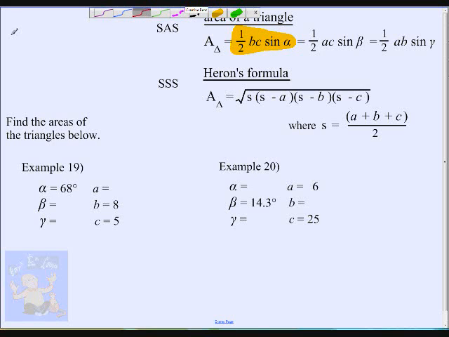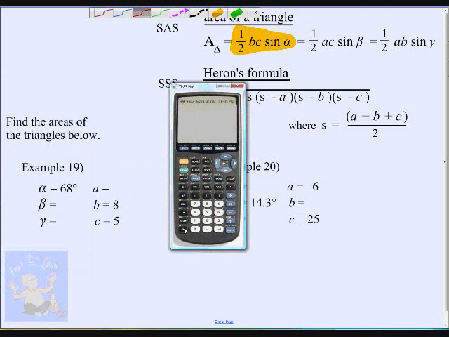What is the sine of 68 degrees? Let's make sure we're in the right mode. We are not. We'll put ourselves in degree mode, and now we'll find the sine of 68 degrees.